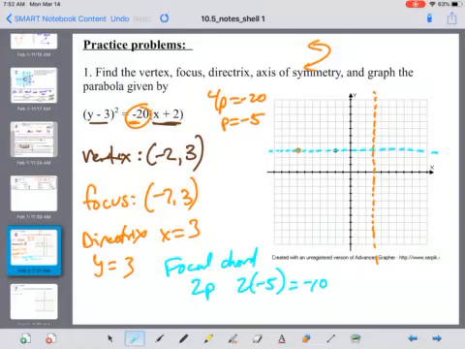And we're going to go 10 units off of the focal point. So 10 units above or below that point. And then we'll use those 2 points with our focus and our vertex to graph our parabola.